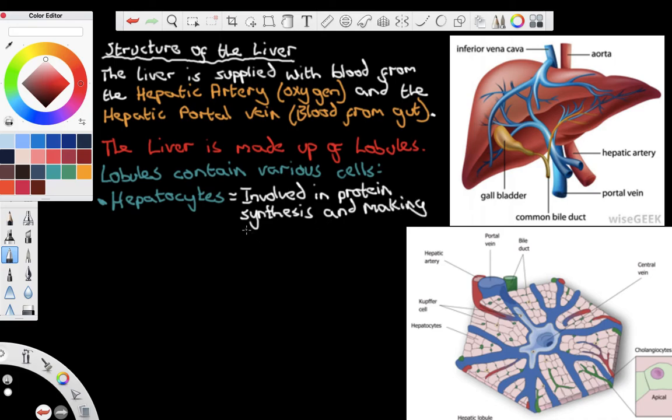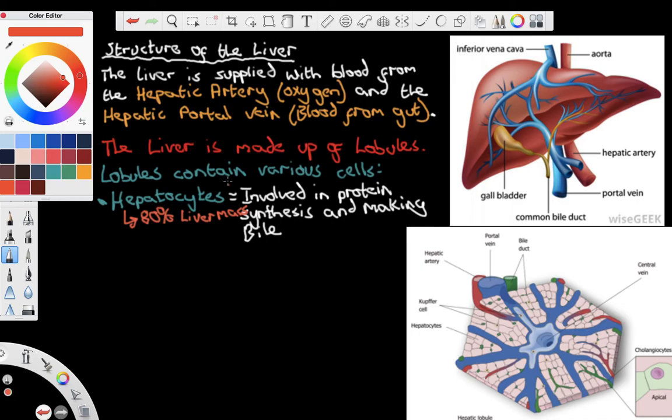So essentially, hepatocytes make bile and they make proteins. The hepatocytes make up about 80% of the liver. So they make up about 80% of the liver mass. So the majority of the liver is hepatocytes.